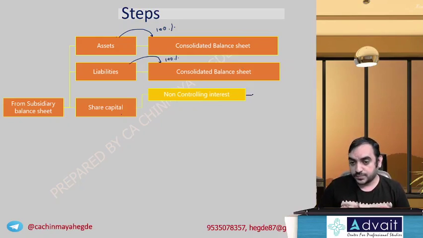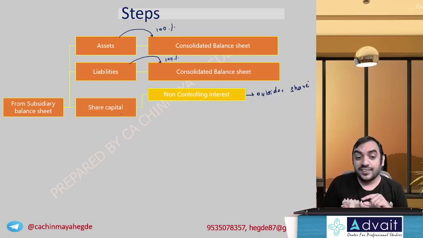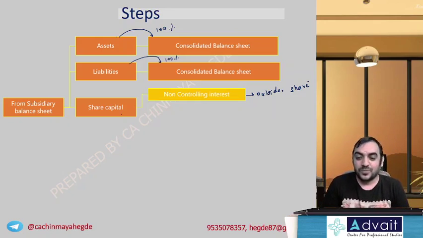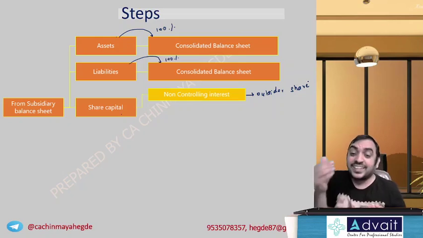Outsider share. Now please tell me, where will the holding company's percentage go? Group ownership is there, where will that be considered? Holding company's ownership in the share capital of the subsidiary company, where do you think it will be reflected?